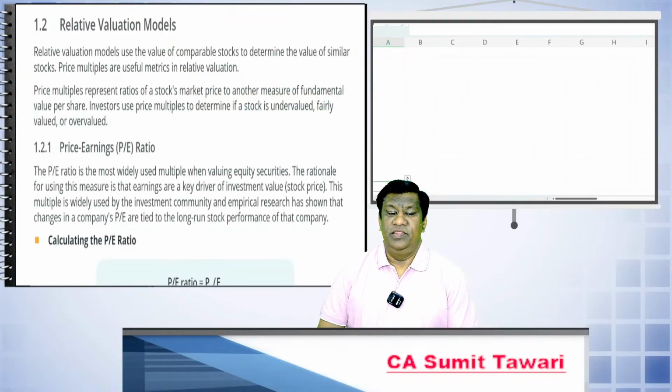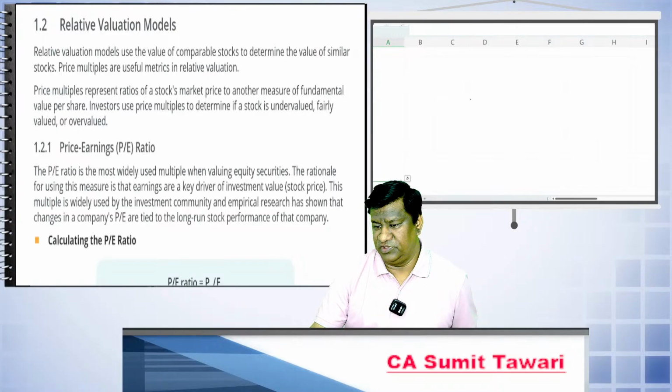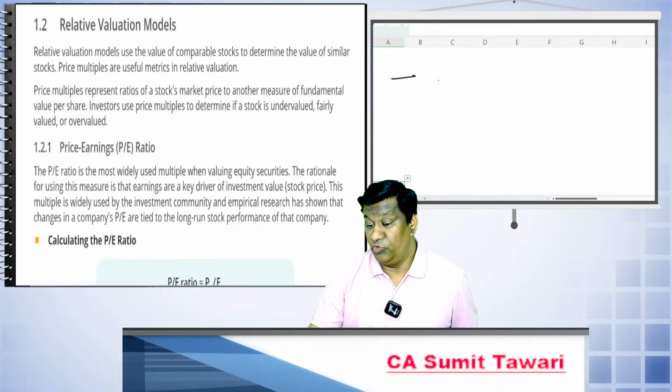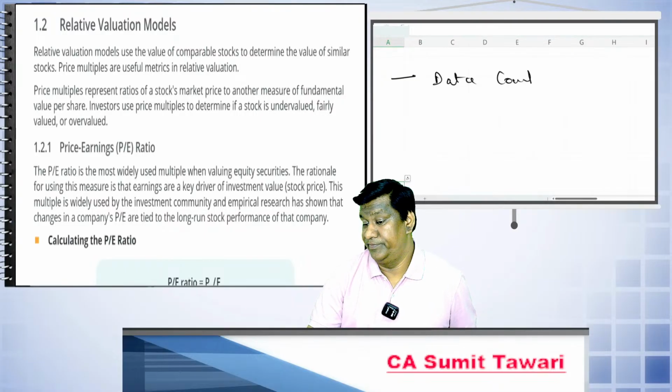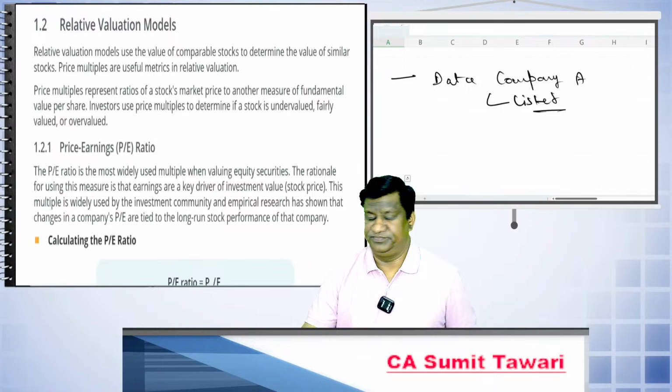Now, relative valuation model. Okay, so relative valuation model means what happened? We know all the data of company A. Maybe it is listed, so all its data appears in the public domain.